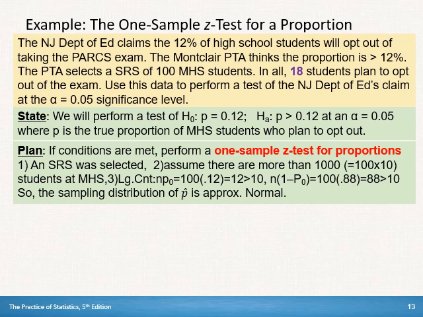You're using P naught. So it's 12 and it's 88. So both greater than 10. So the sampling distribution of P hat is approximately normal. So we can calculate our test statistic using a normal curve. That's the whole point of showing that it's normal. We know our sampling distribution is normal and our test statistic is going to be a Z.